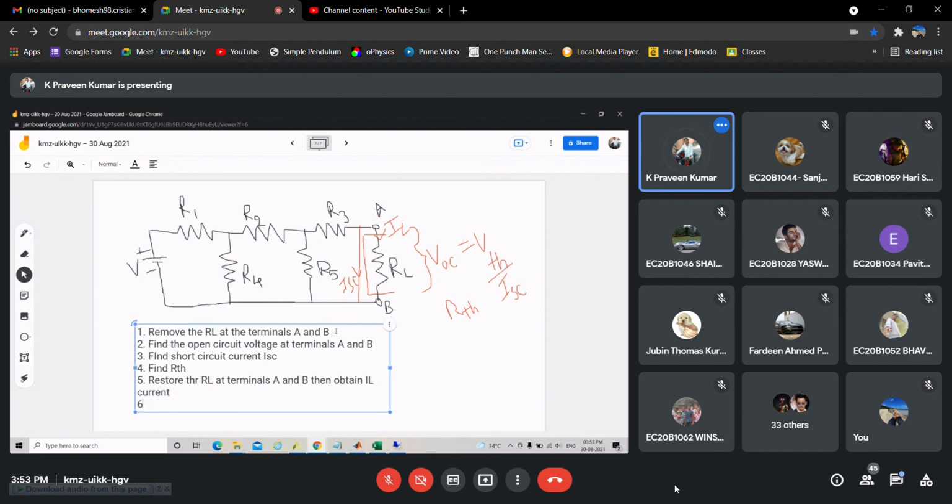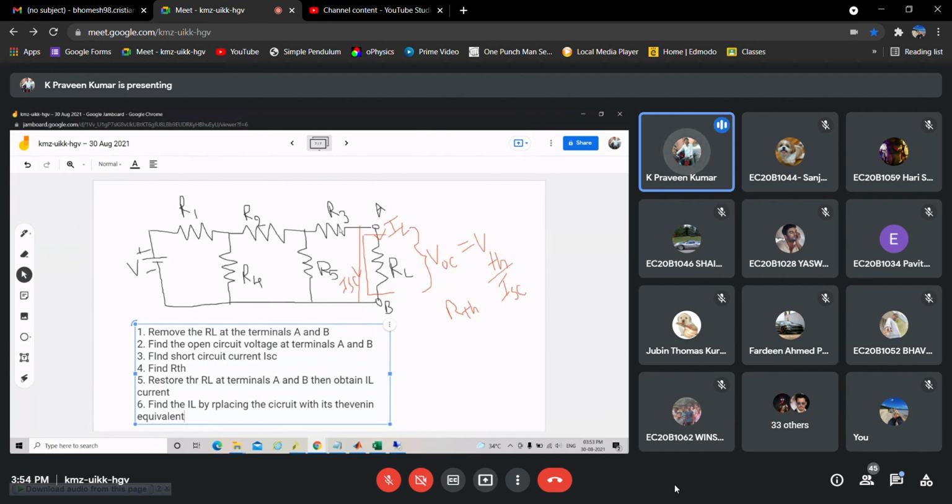Then again find the IL by replacing the circuit with its Thevenin equivalent. Right? So these are the basic steps that you need to follow.